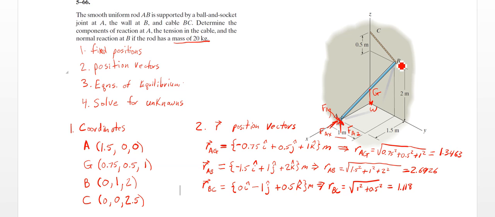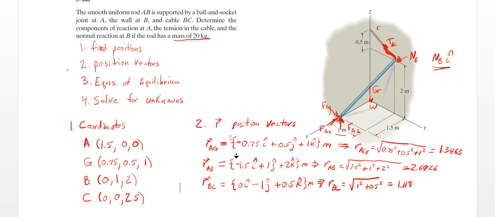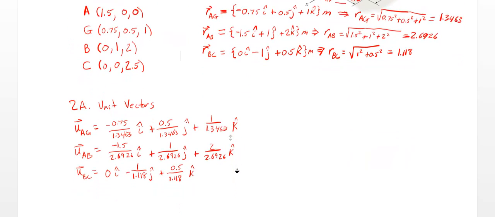And up here at the cord we have tau BC, and at the wall we have only the normal to the wall, I'm going to call it NB. If you notice here, since that wall is in the YZ plane, NB is going to be only in the I direction. So that's going to be helpful in a moment. Alright, so we're going to write our equations of equilibrium now.